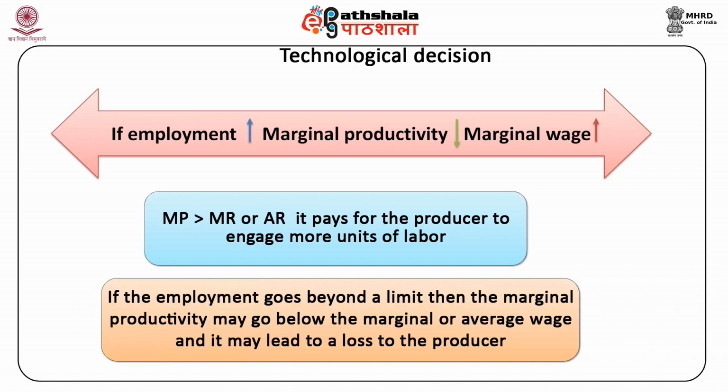But if the employment goes beyond a limit, then the marginal productivity may go below the marginal or average wage, and it may lead to a loss to the producer. At the margin, a producer would decide to stop employing more of labor as soon as marginal productivity and marginal wage become equal to each other.